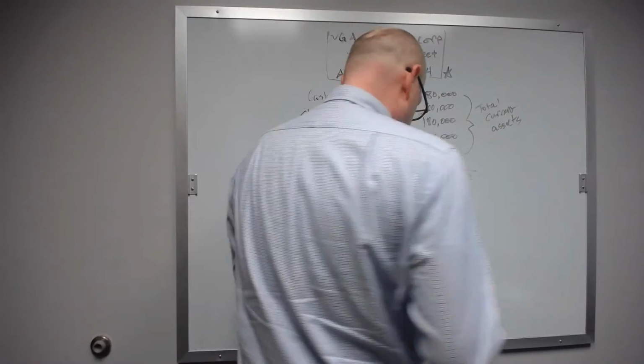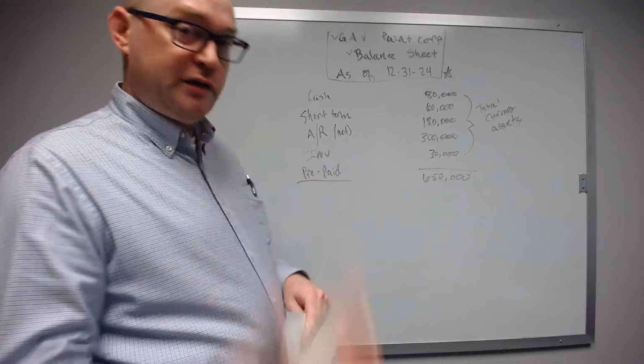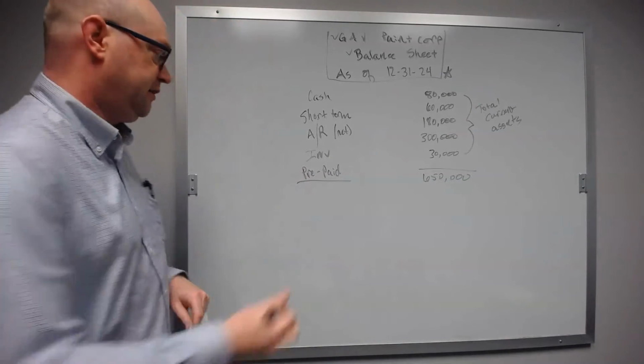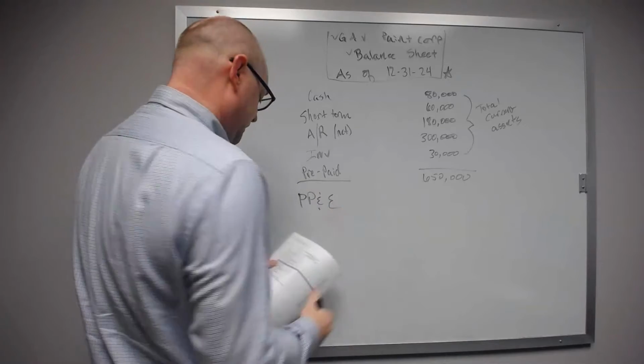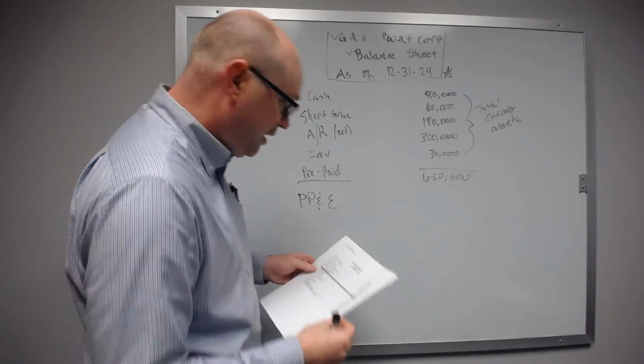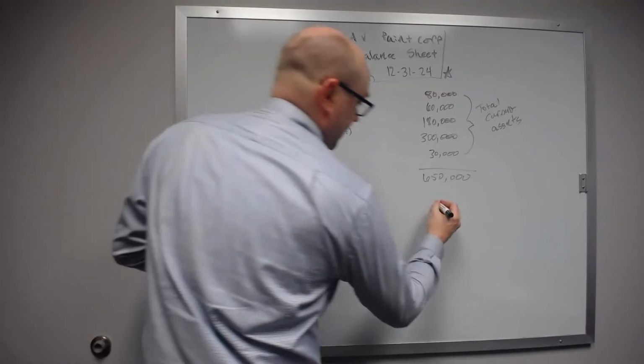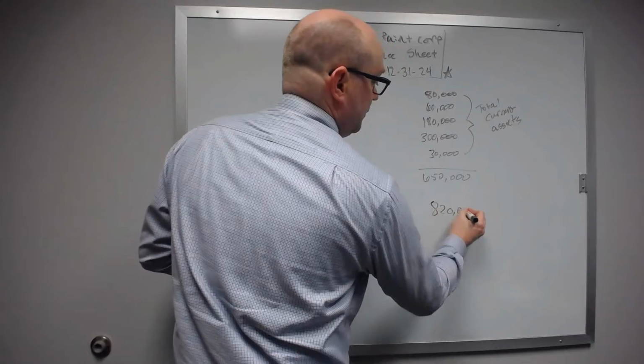So, next we're going to move on to our long-term assets, or our long-lived assets. These are going to be things like property, plant, and equipment that we've talked about somewhat. We can see that we've got PP&E of $820,000 right here.